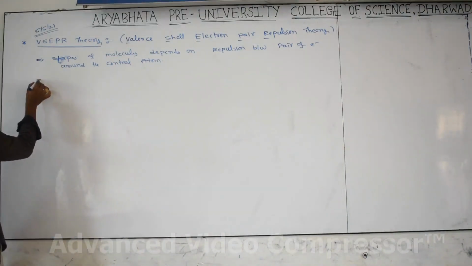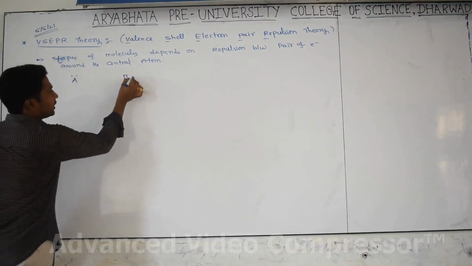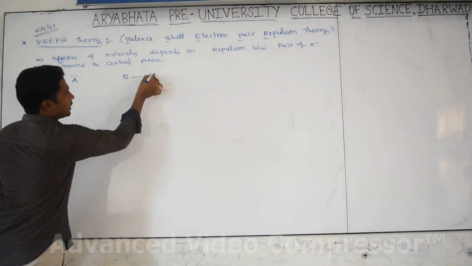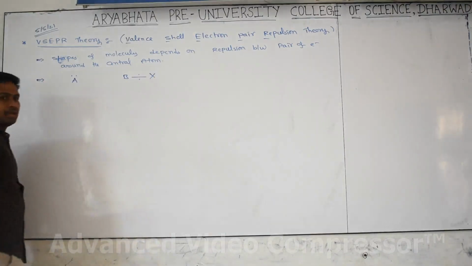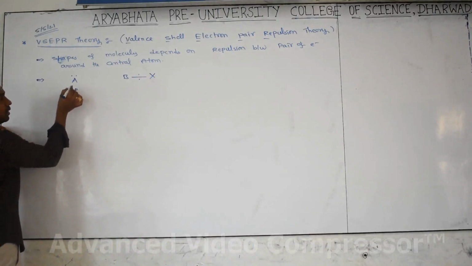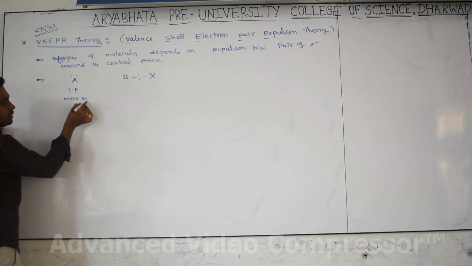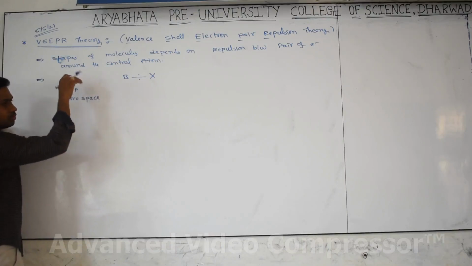Next point I will tell you, listen carefully. You have an A atom with a lone pair, and a B atom with X bond pairs. In case of the A atom, whatever pair is on it is called a lone pair. This lone pair occupies more space, more area around the A nucleus.